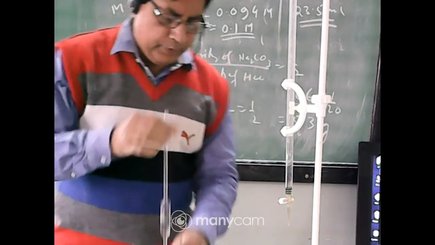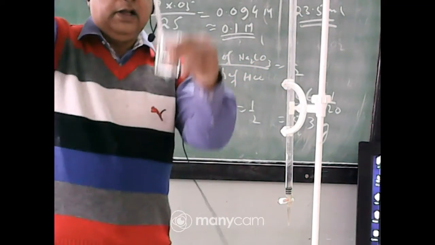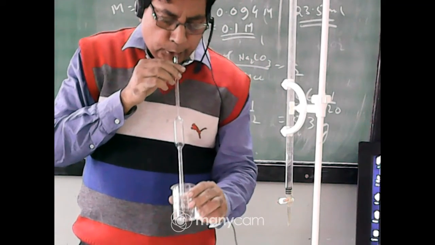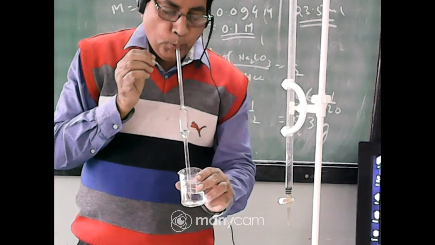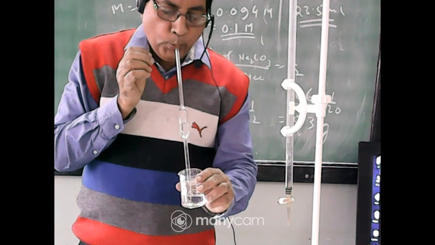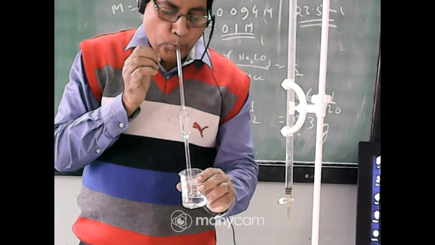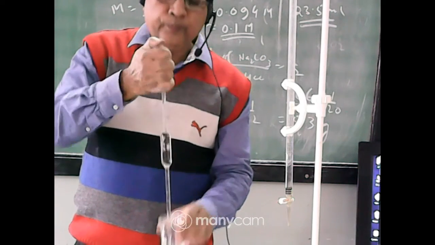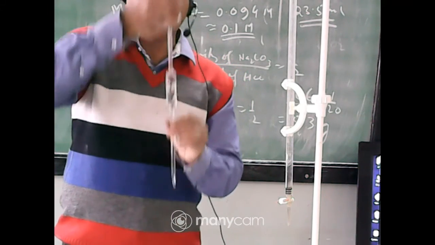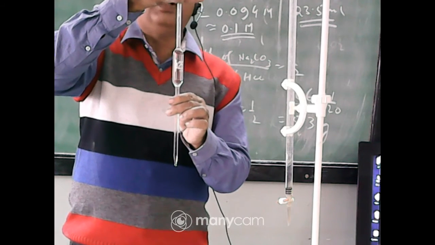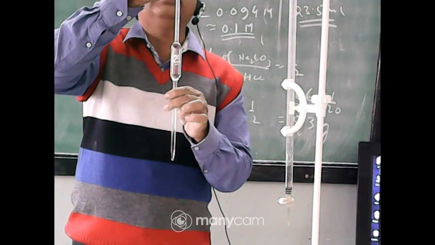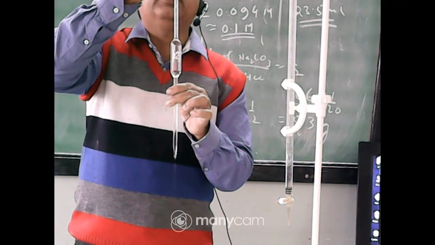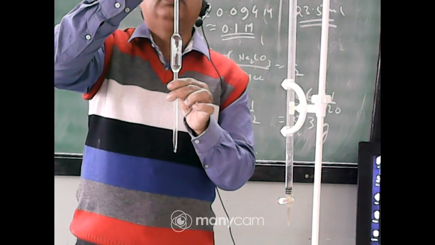With the help of the pipette, from this HCl solution we draw it up to the mark. The mark is given in the pipette. I cannot show you in video, but the mark is given in the pipette, a very round mark.